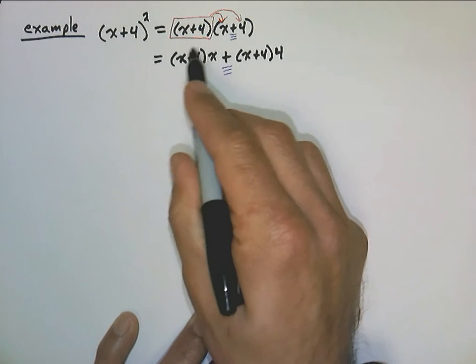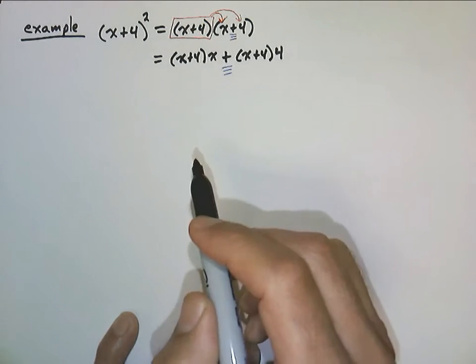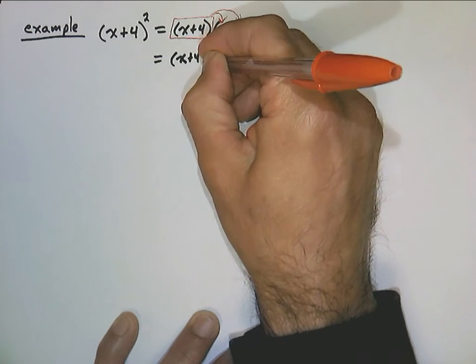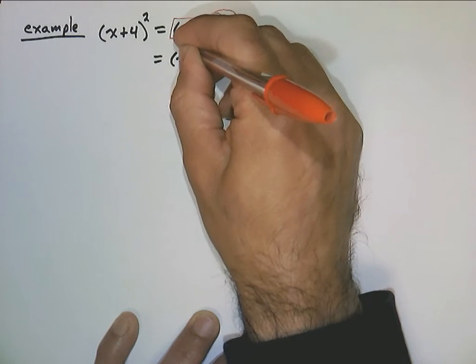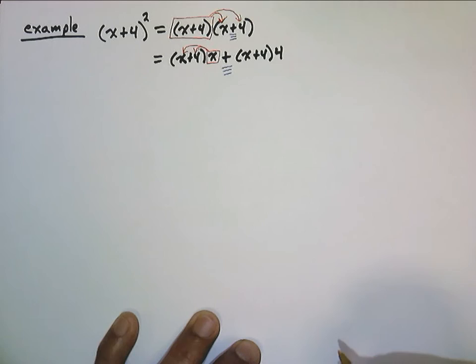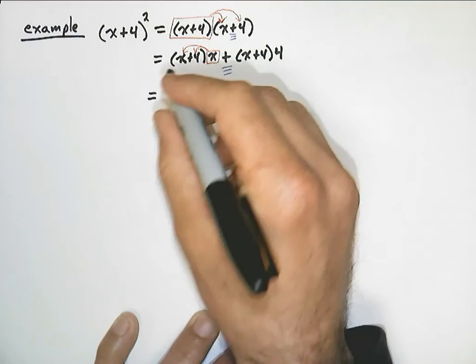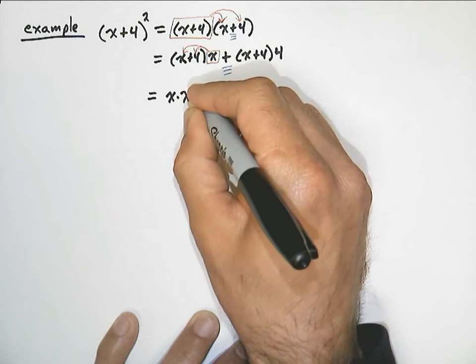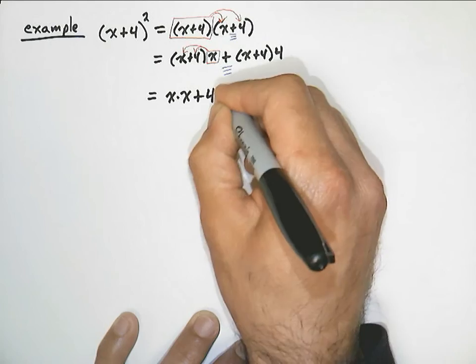Here we have a sum, and it's being multiplied by this factor of x. So we can take this factor of x and distribute it back into this sum, giving us x times x plus 4 times x.